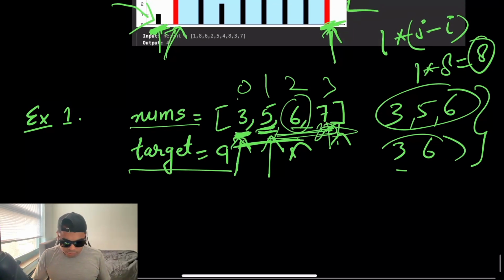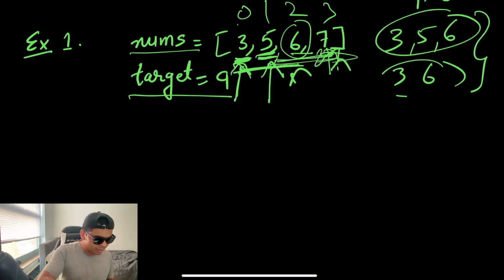So okay, let's write down the solution here. That will be big O of n time complexity and space. Wait a second, no, I think that will be big O of n square time complexity actually, since we are basically moving.